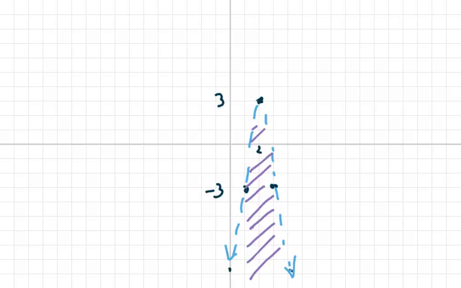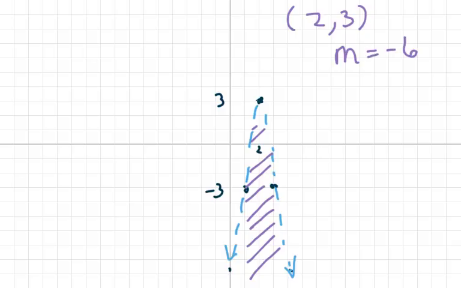This is going to be an inequality. I have my vertex at 2, 3, and the slope, we're going down 6 and then to the right by 1. And since it's opening down, it's a negative slope. So my slope is -6.